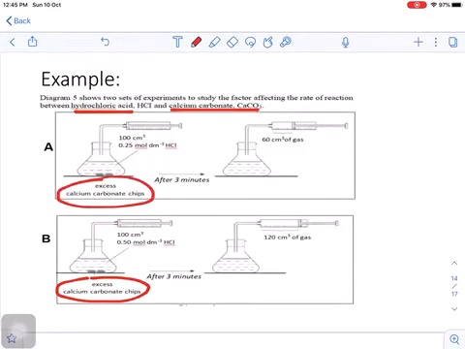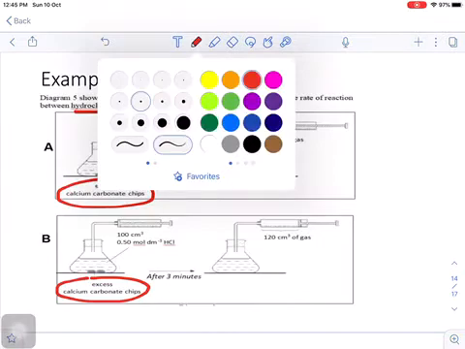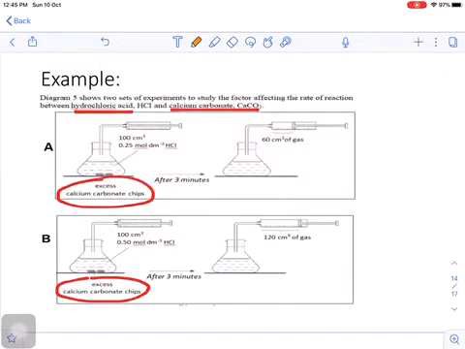So what is the difference? Both use same volume. But then the difference here: set B uses 0.5 mol per dm cube hydrochloric acid. Set A uses 0.25 mol per dm cube hydrochloric acid.